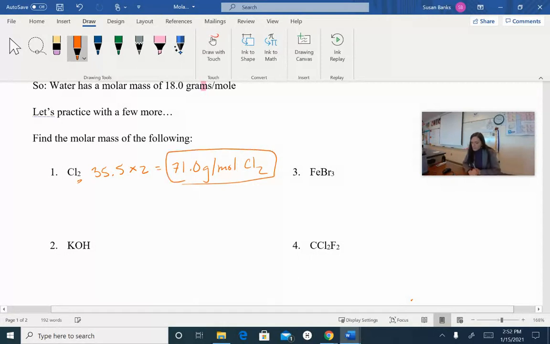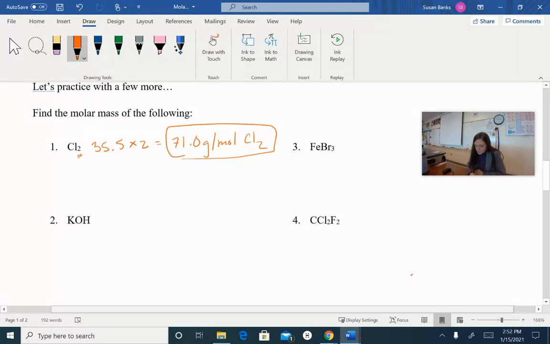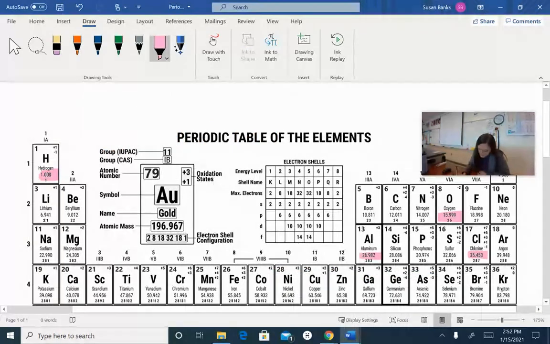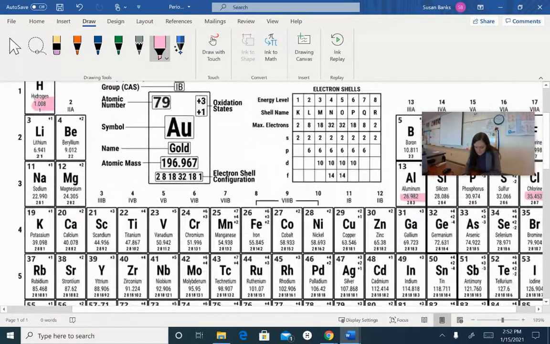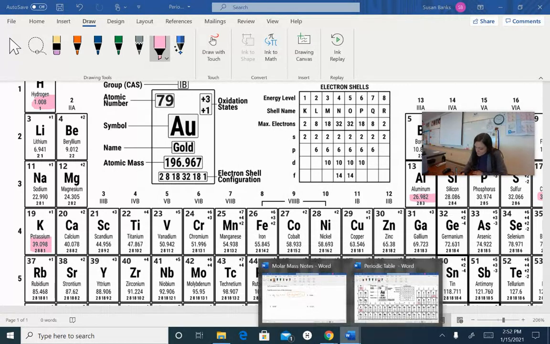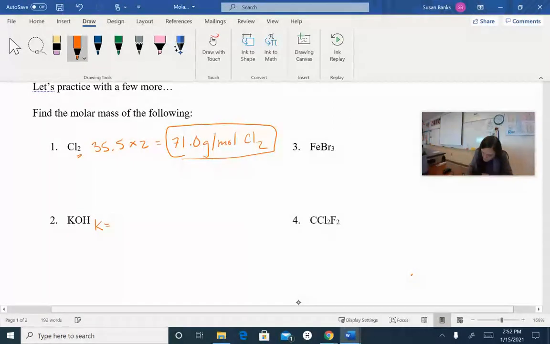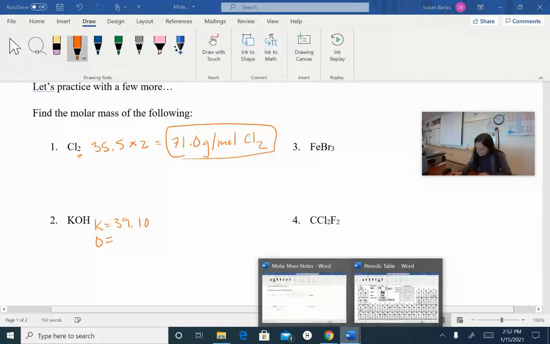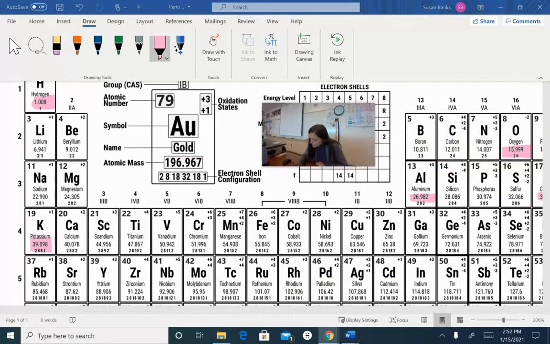Okay, so let's look at potassium hydroxide. We've got one potassium, one oxygen, and one hydrogen. So we're going to look at all of these. Let's look at potassium first. Potassium is 39.09. That 9 in the hundredths place tells me to round up in the tenths place to 39.1. Now we're going to look at the oxygen, which we've already looked at before.